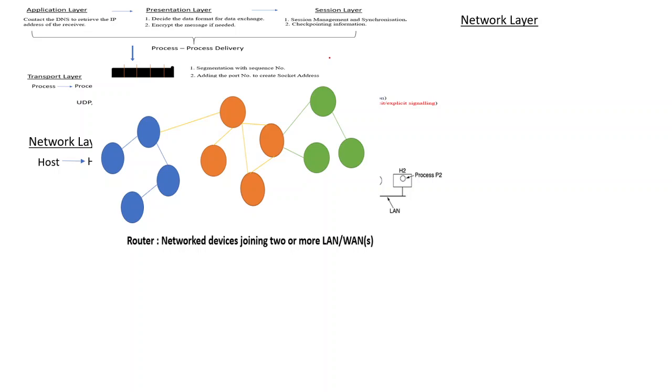For example, say I am sitting in Delhi, and my router is directly connected to another router that is in Mumbai, and also other routers, one in Bangalore, and so on.